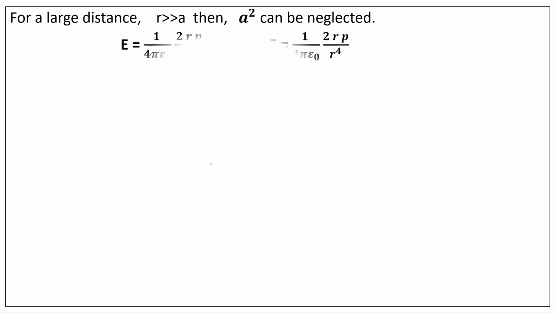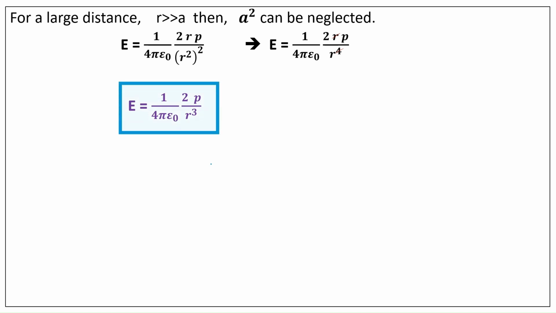Therefore, equation 5 can be written as E is equal to 1 by 4 pi epsilon naught into 2RP by (R square) whole square, that is, E is equal to 1 by 4 pi epsilon naught into 2RP by R to the power 4. On cancelling R from numerator and denominator, the final equation is E is equal to 1 by 4 pi epsilon naught into 2P by R to the power 3.